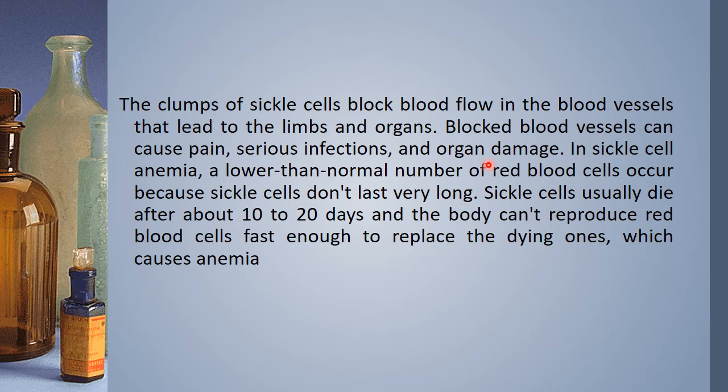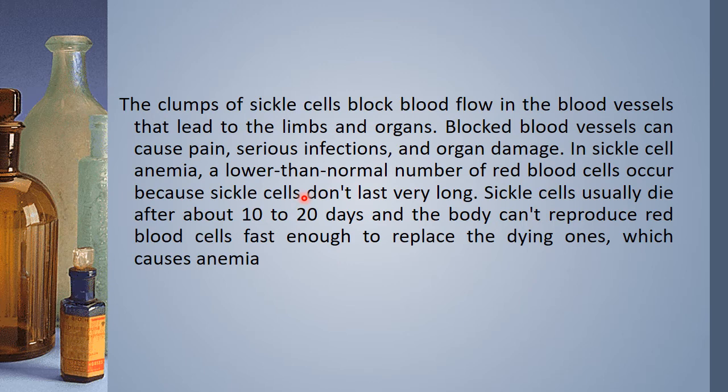The body cannot reproduce an adequate amount of RBC within the limited time, so the body cannot compensate for the loss in order to replace the dying RBC. As a result, anemia.